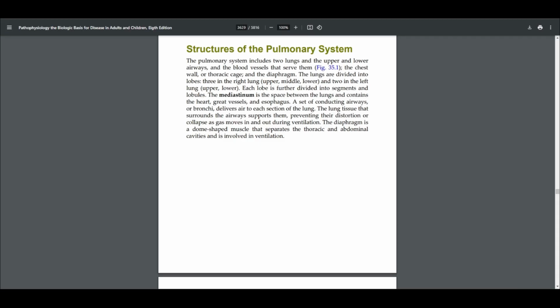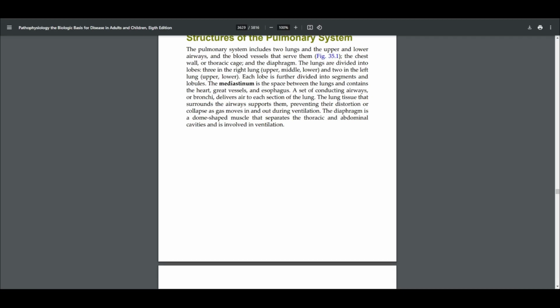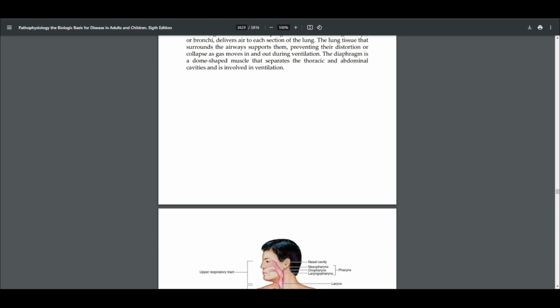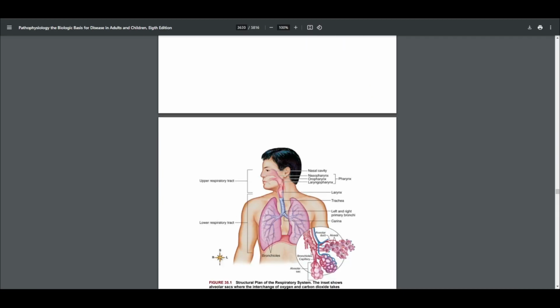A set of conducting airways or bronchi delivers air into each section of the lung. The lung tissue that surrounds the airways supports them, preventing their distortion or collapse as gas moves in and out during ventilation. The diaphragm is a dome-shaped muscle that separates the thoracic and abdominal cavity and is involved in ventilation.